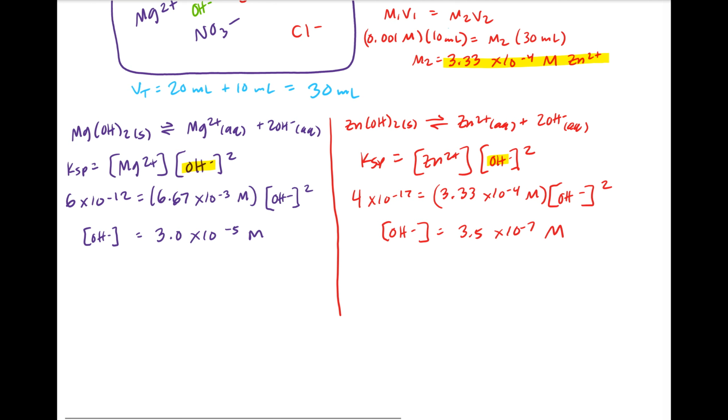Is it the 3 times 10 to the negative 5 value or the 3.5 times 10 to the negative 7 value?